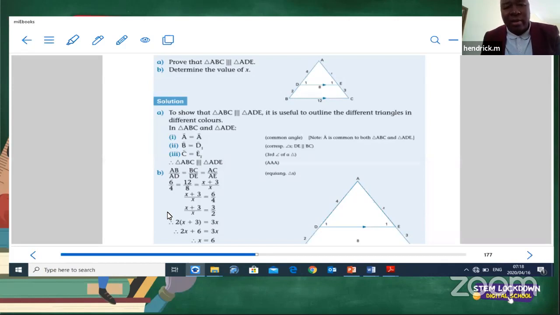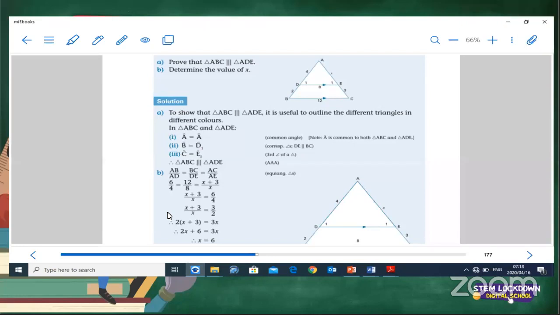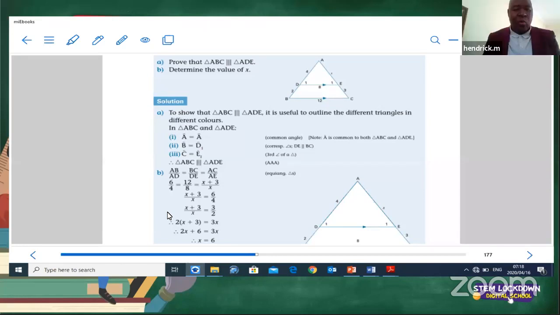Because you can see the arrows there: the line DE is parallel to the line BC.